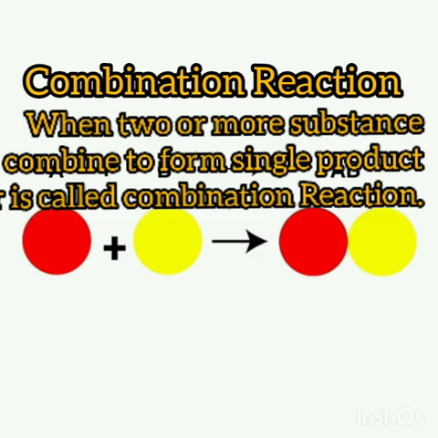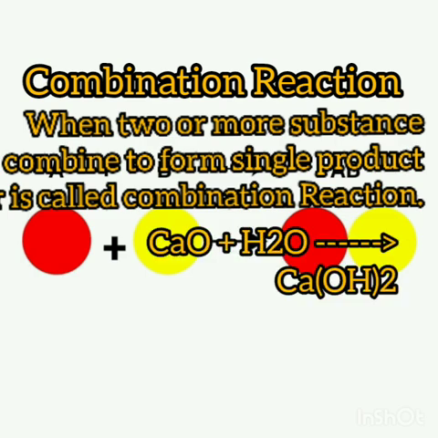Combination reactions are those reactions that are formed by the combination of two or more substances and give a single product, like CaO plus H2O gives out Ca(OH)2. It means when calcium oxide or quicklime reacts with water, it forms slaked lime or calcium hydroxide and releases a large amount of energy or heat.